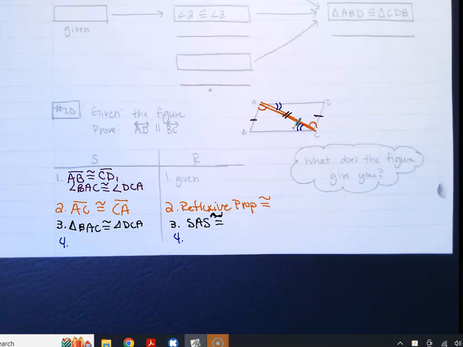So angle DAC is congruent to angle, let's see, BCA? DAC, right? So DAC is congruent to BCA. Yeah. Okay, because corresponding parts of congruent triangles are congruent. Any idea why I chose that one?